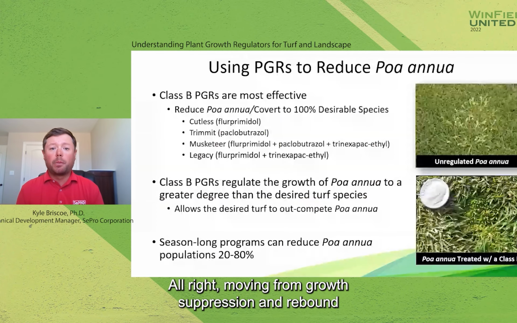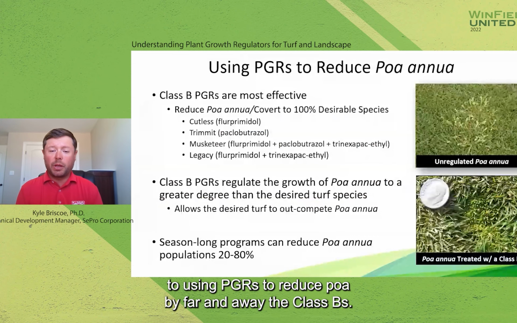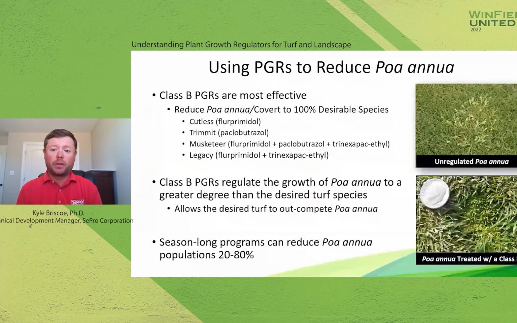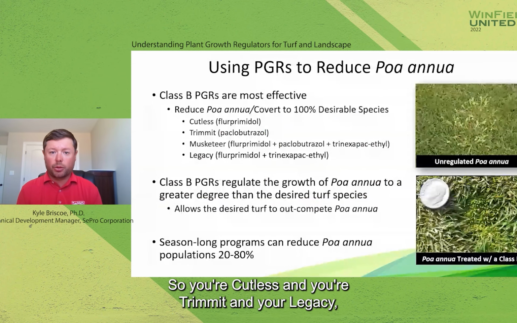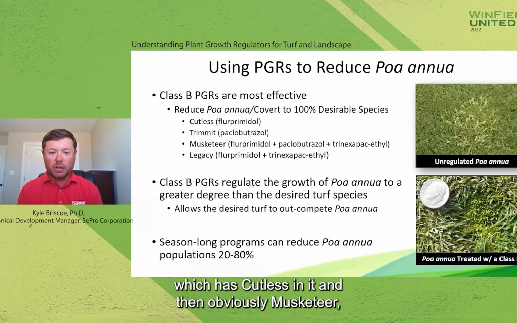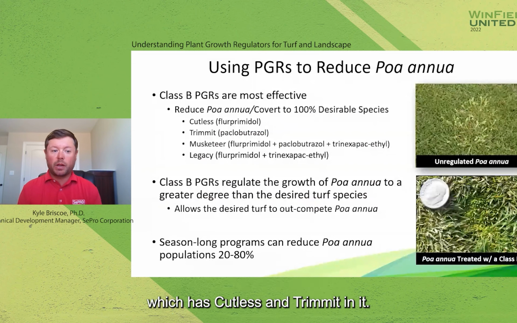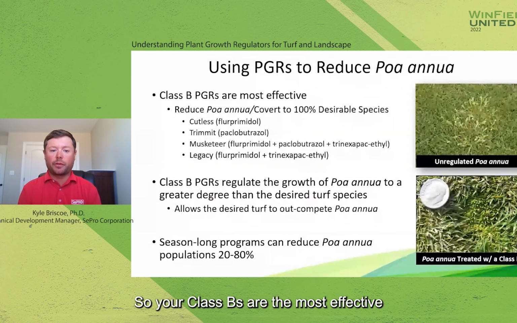All right, moving from growth suppression and rebound to using PGRs to reduce POA. By far and away, the Class Bs, so your Cutlass and your Trimmet, and your Legacy, which has Cutlass in it, and then obviously Musketeer, which has Cutlass and Trimmet in it. So your Class Bs are the most effective.